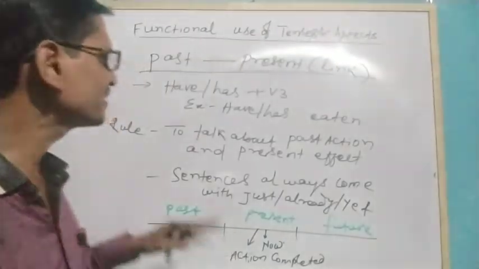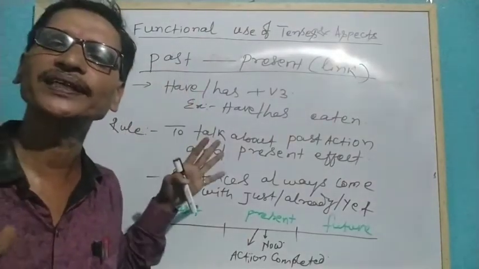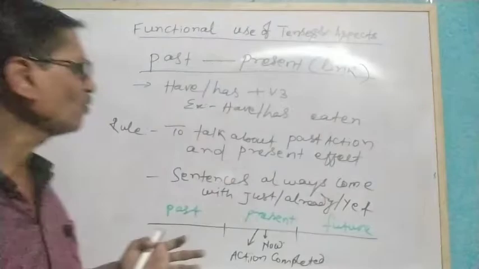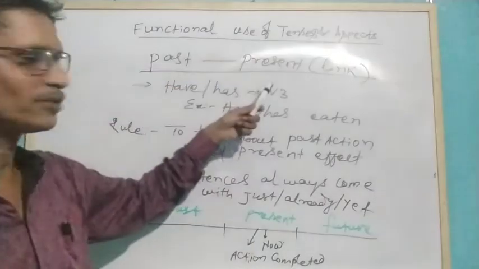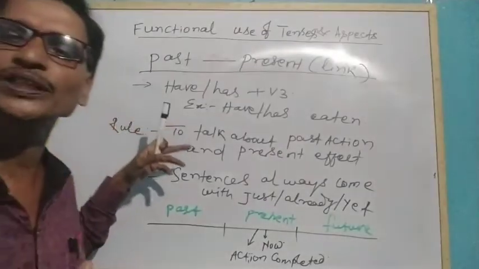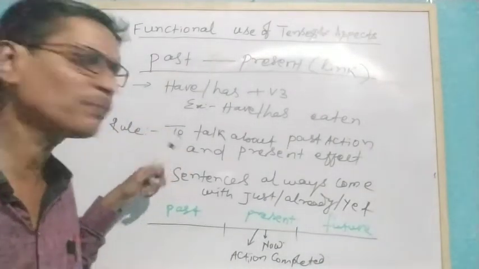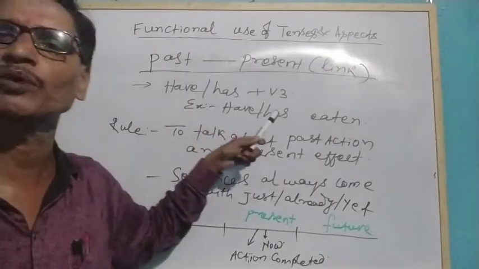Now let's understand the link between the past and present time. As we know, to talk about the link between past and present time, we use two aspects: have/has plus verb third form, and have/has been plus ing form. Let's discuss first have/has plus verb third form.